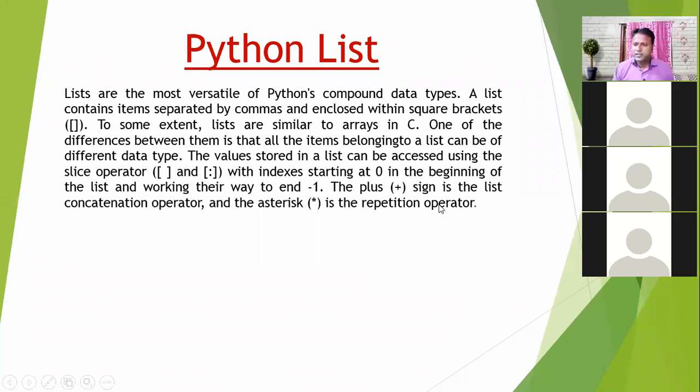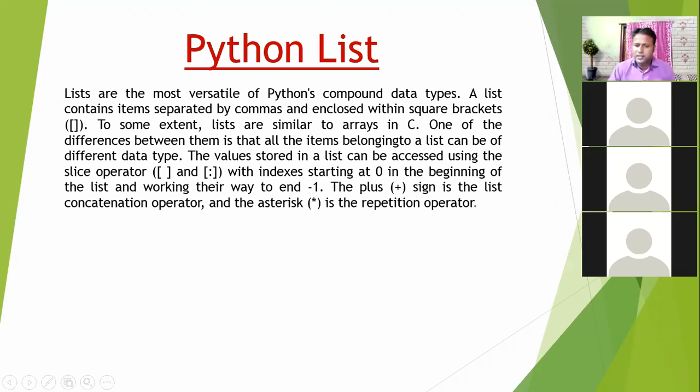Then next part is your list. The list is a different data type that we are using. Lists are the most versatile Python compound data type. A list contains items that are separated by a comma and enclosed within square brackets. To some extent, lists are similar to arrays in C language.